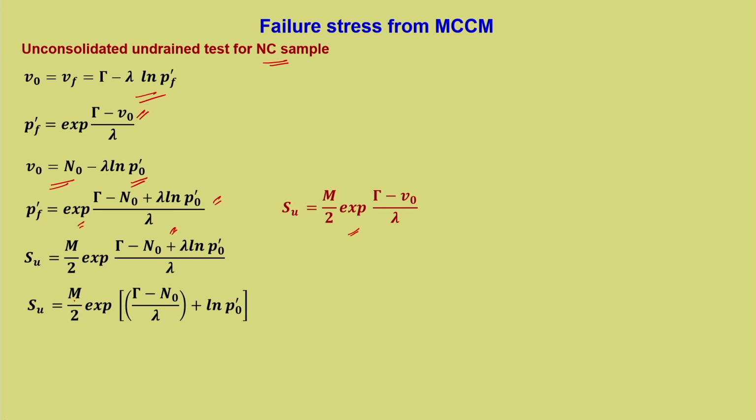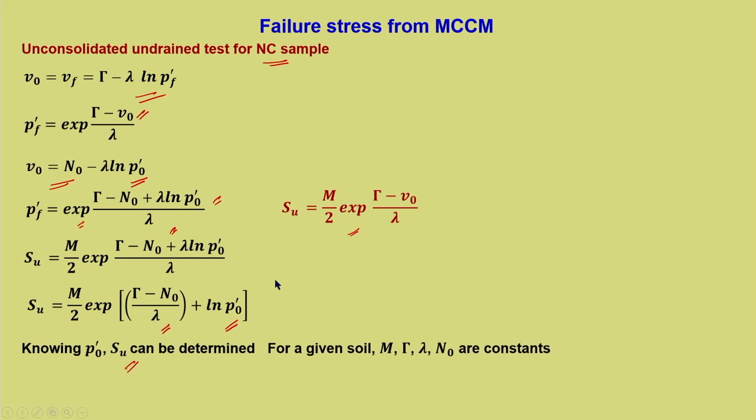And Su can be written as m by 2 exp, if you split this, gamma minus N naught by lambda plus ln P naught dash. Knowing P naught dash, Su can be determined because all others are critical state parameters. For a given soil, these are all constants. P naught dash increases with depth. Why? Because P naught dash is a mean vertical stress, so mean stress increases with depth.